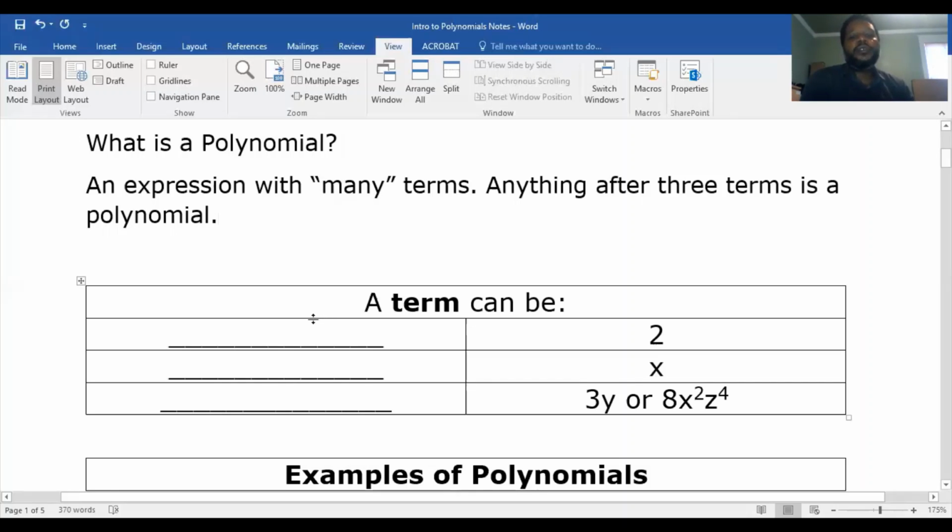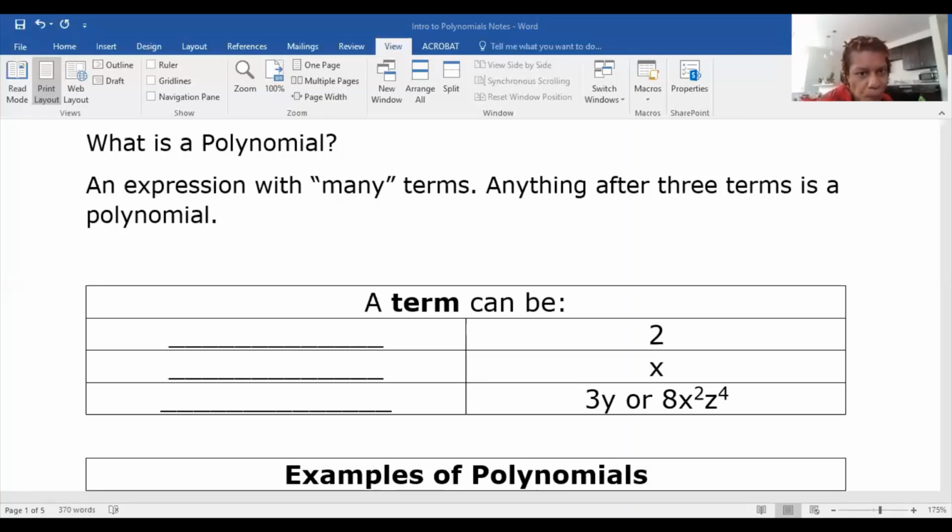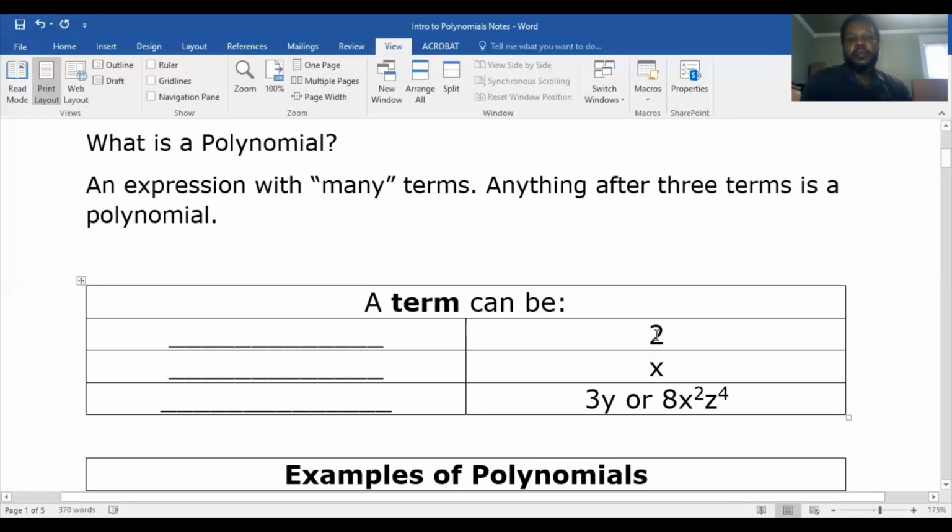What do we call a term that is just the number 2? Just a number by itself. So a term can be a number by itself.